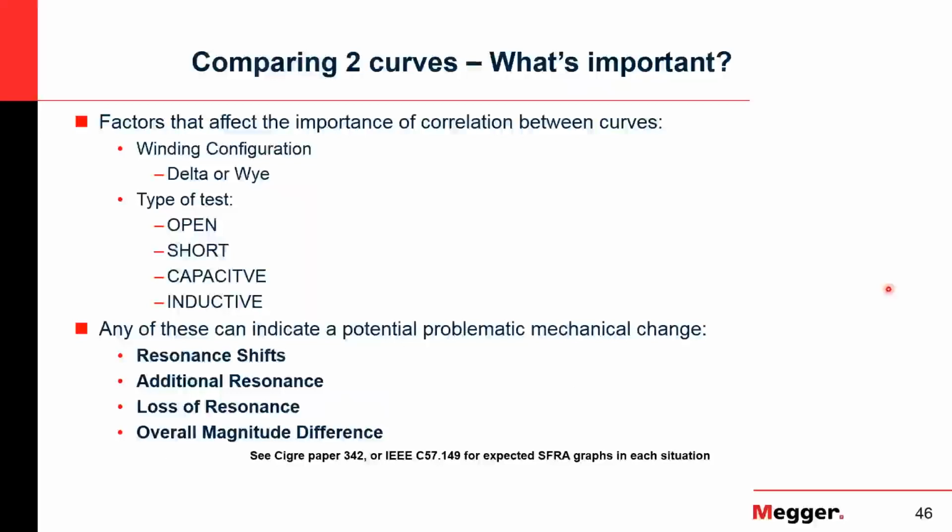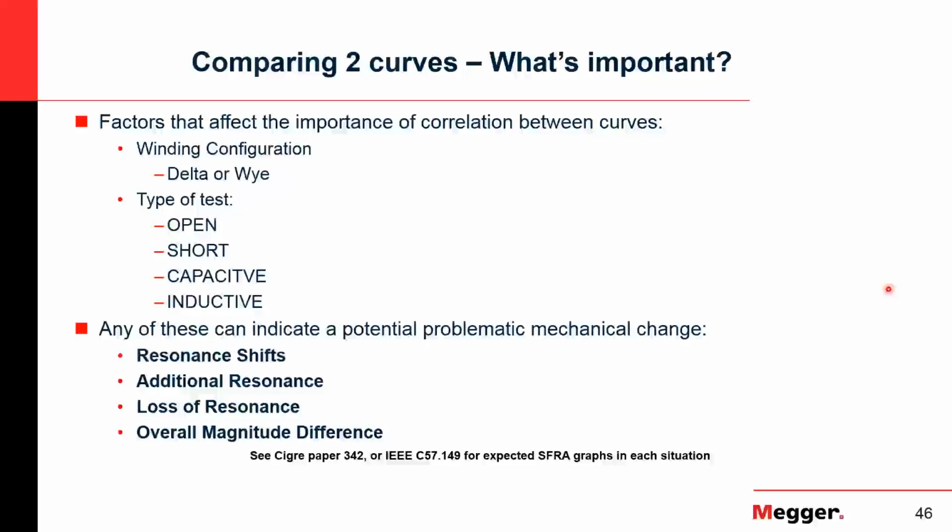Any major changes in that, something's going on inside that transformer. And remember, the SFRA device is only doing one thing each time. It's just where we connect and what we look at that influences the result.